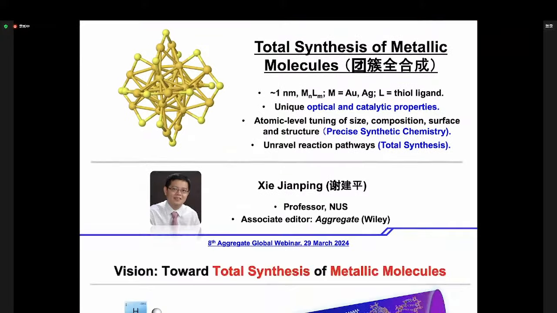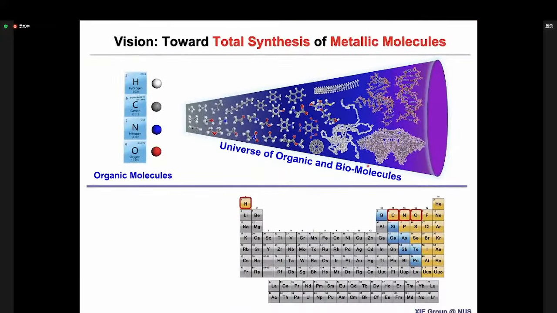Actually, the total synthesis of metallic molecules got its inspiration from organic chemistry, similar to Professor Yoon and Professor Tang. Organic chemistry is very powerful. You can easily use four elements like hydrogen, carbon, nitrogen, and oxygen to create unlimited molecules, like small drugs, complicated polymers, or more complicated biomolecules like DNA and proteins.